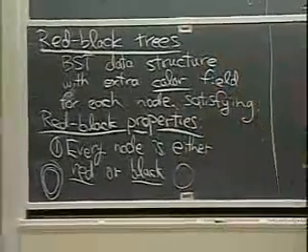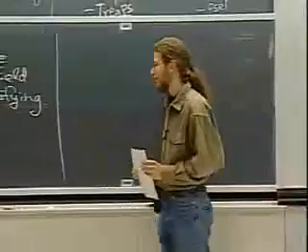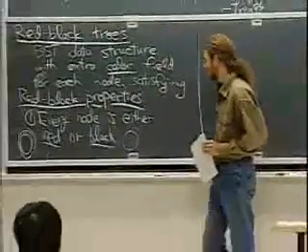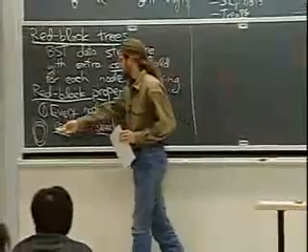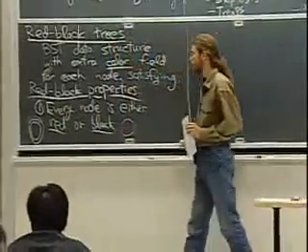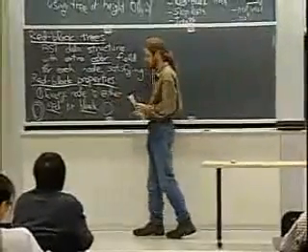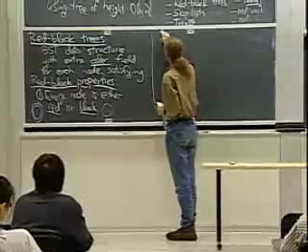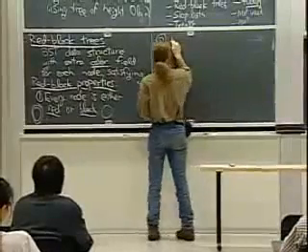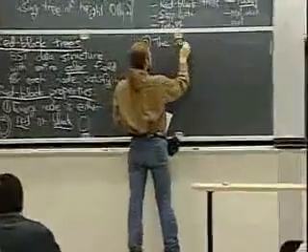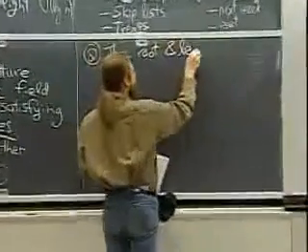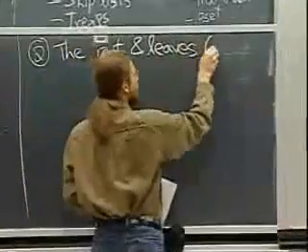And you probably don't have colored pens either, so save us some grief. Red is double circle, black is single circle. And we sort of prefer black nodes in some sense. Red nodes are a pain, as we'll see. Okay, second property is that the root and the leaves are all black.